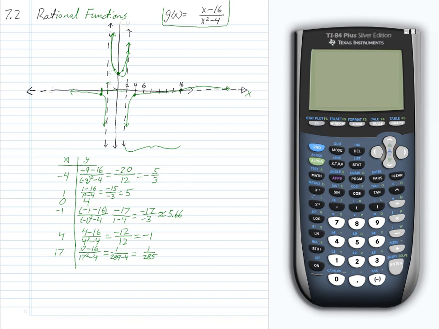So I would like to begin including all of the information that I found so far, and I'll use a nice big axis for my graph. Okay. We know our y-intercept is at 4, so I'll let my tick marks be in steps of 2. There's our y-intercept.